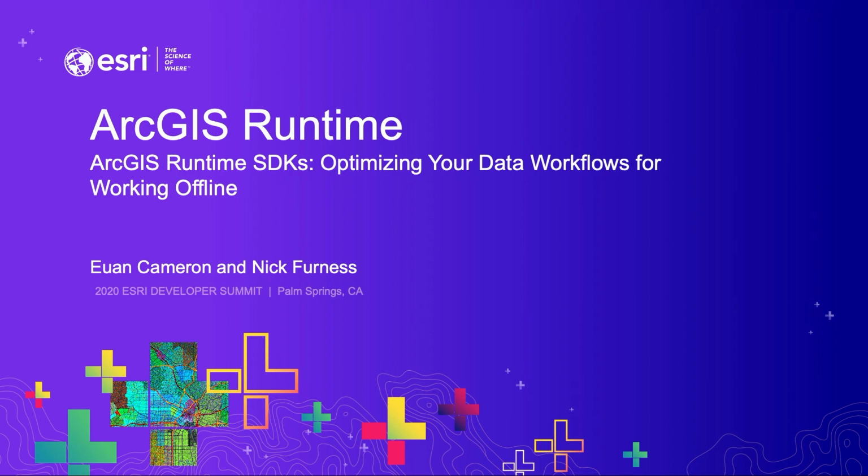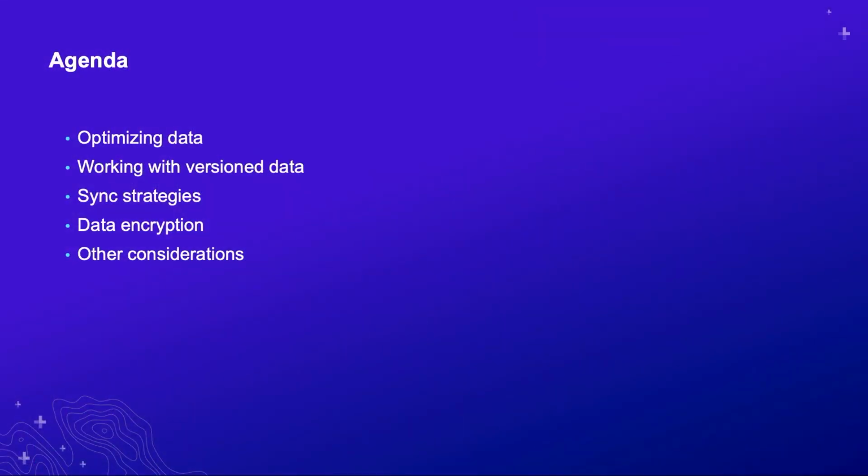topics which we think you'll find interesting if you've been using Runtime for a while, or even if you're brand new to Runtime. So we're going to cover what you can do in terms of optimizing your data. And that has a huge impact on the ways that you can deliver content to your offline devices. We talk about working with version data.